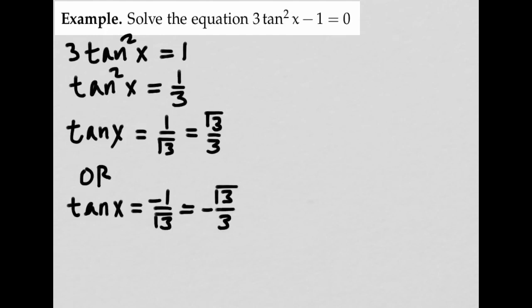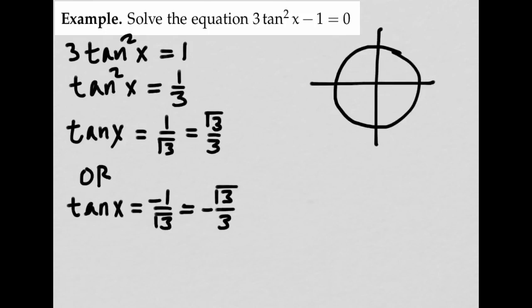Now keep in mind that the tangent x has a period of pi. So for what angle between 0 and pi is tangent x equals root 3 over 3? Well, there's one angle, namely pi over 6, where tangent x equals root 3 over 3.